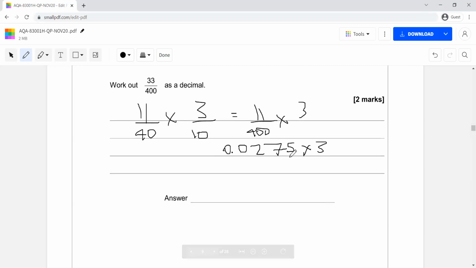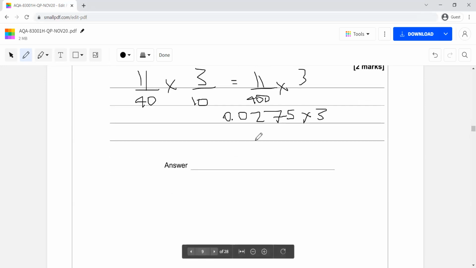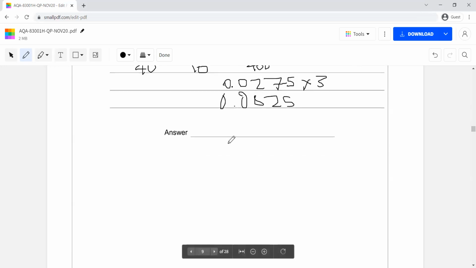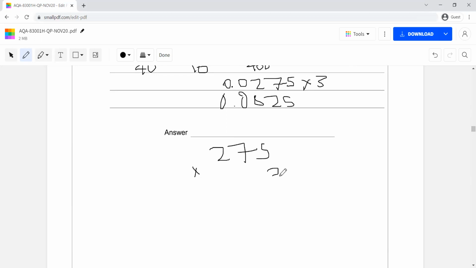So how would we go about doing this? Actually, what's a better way to explain this? Maybe if I said, okay, we know that the answer is 0.0825 because 275 times 3, if you work this out, this is equal to 15.